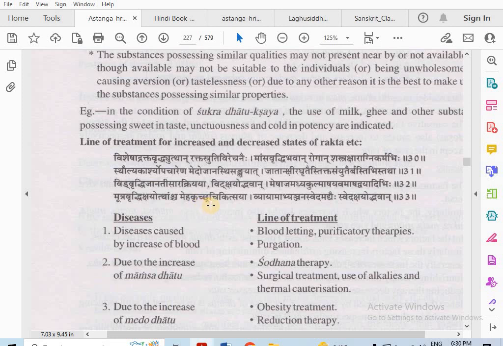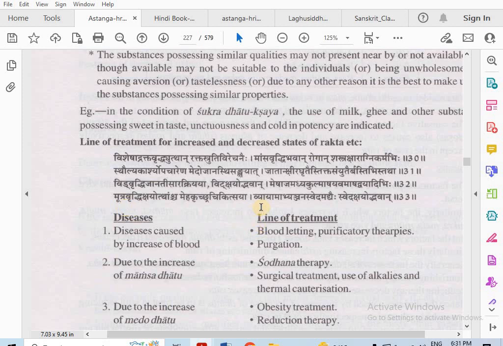Kruchra means dysuria. These two treatments are used respectively in vruddhi and kshaya. When urine is increased, then meha chikitsa, and kshaya means decrease, then kruchra chikitsa. So respectively you should understand what treatment is to be done in these two.